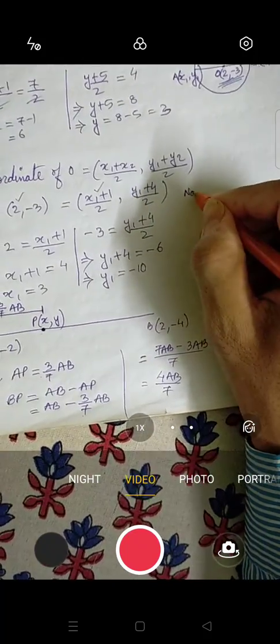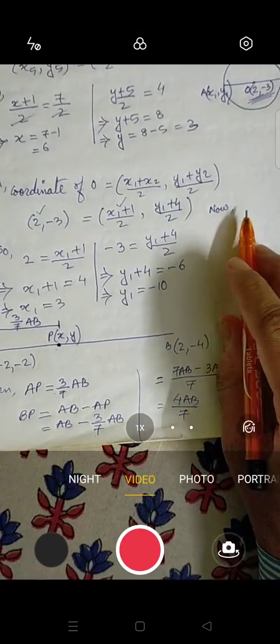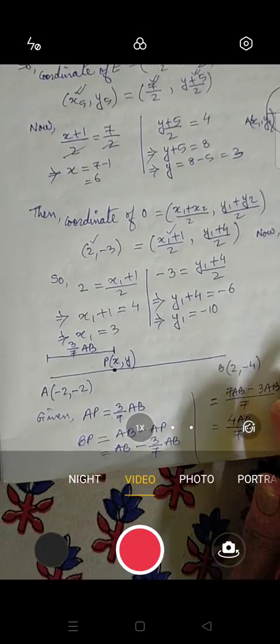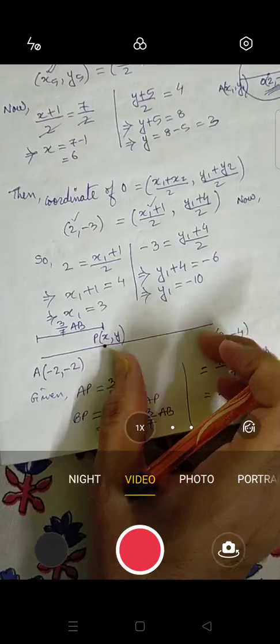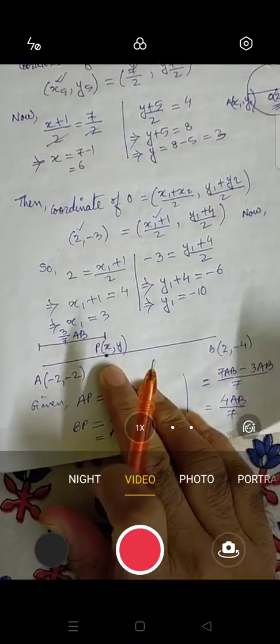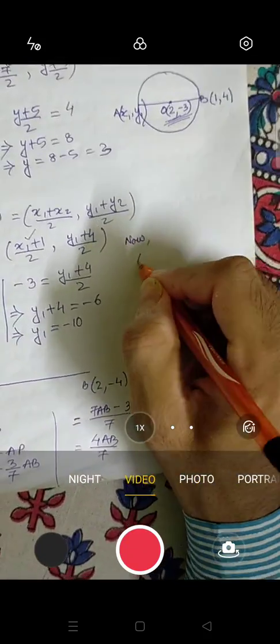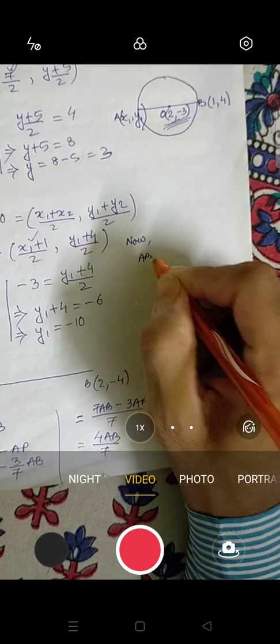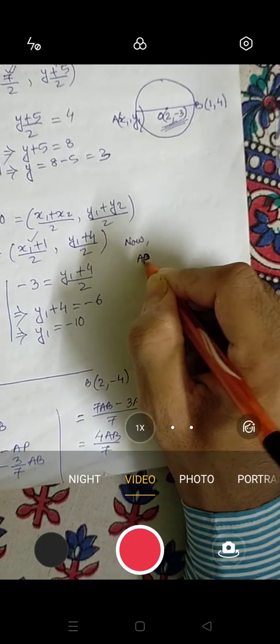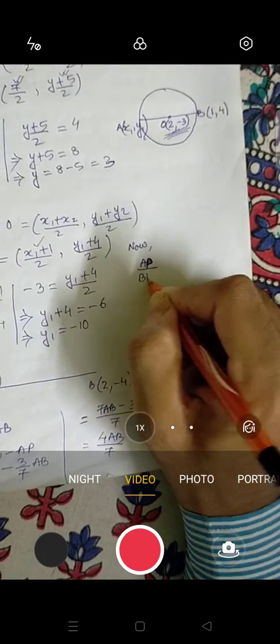Now I'm writing it over here, okay? Now we know how to get the ratio, this by this, that means AP by BP. So I'm writing now AP by BP.